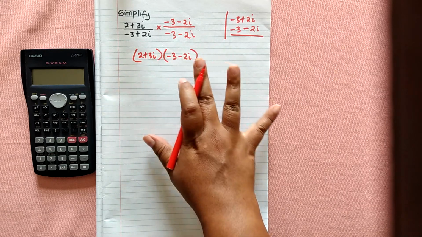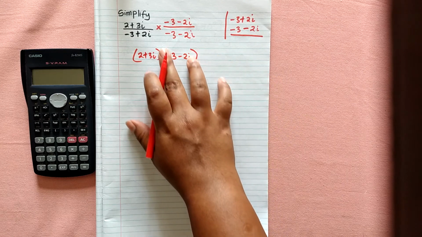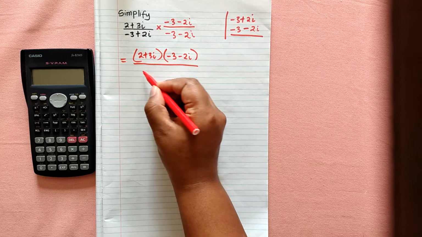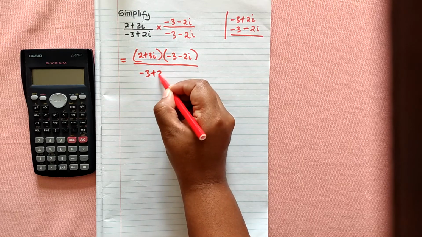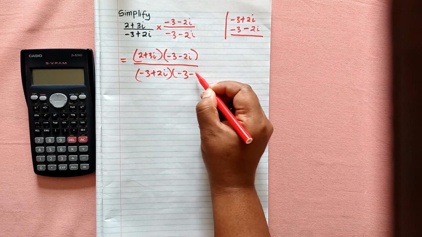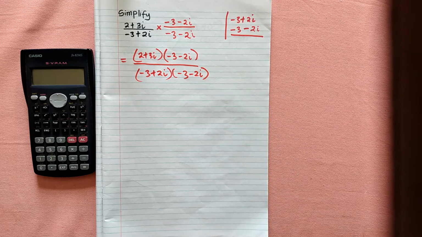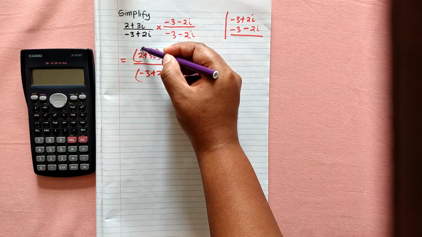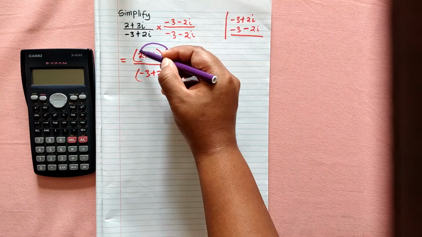If a bracket is there with no operation sign, that means they are multiplied together. Divided by (negative 3 plus 2i) multiplied by (negative 3 minus 2i).